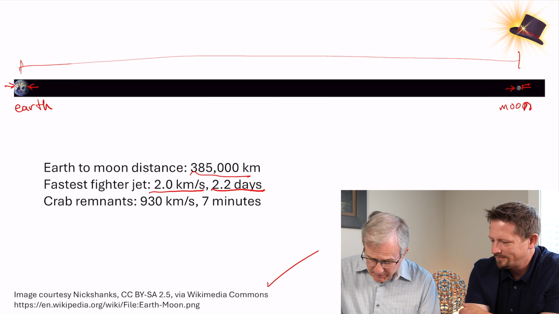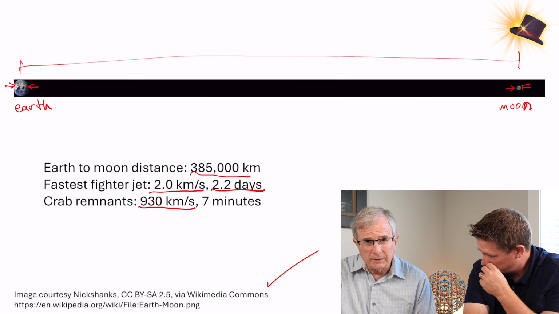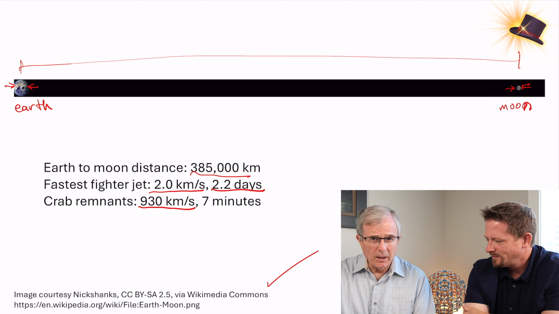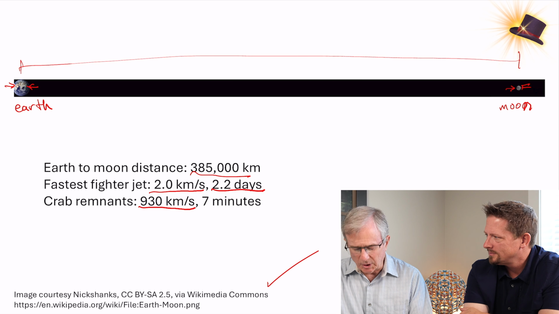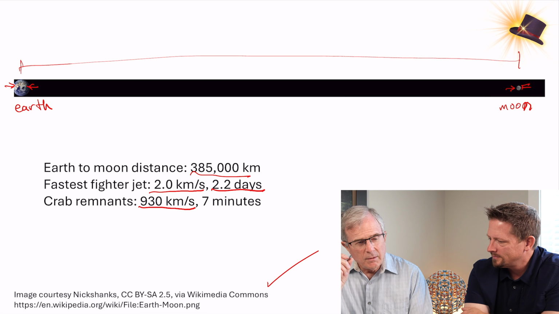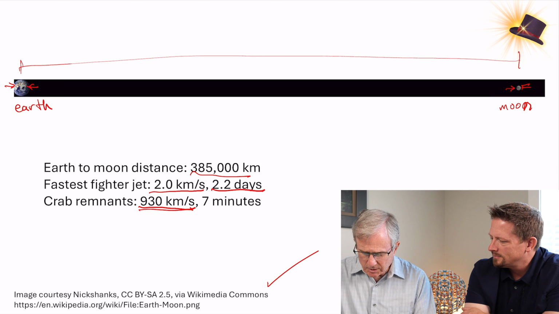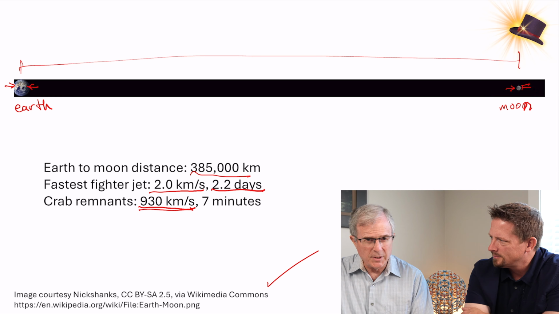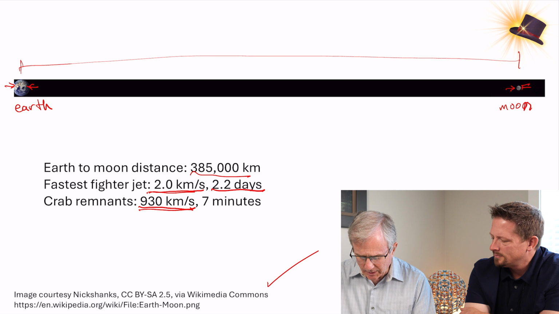But the crab remnants travel at 930 kilometers per second. And I actually worked that out based on the Doppler shift. It's an easy calculation. We do it in the book. Based on how much those lines are shifted, which is I think 3 nanometers or something like that, you can work out using the Doppler equation how fast the remnants are expanding, and it's about 930 kilometers per second.